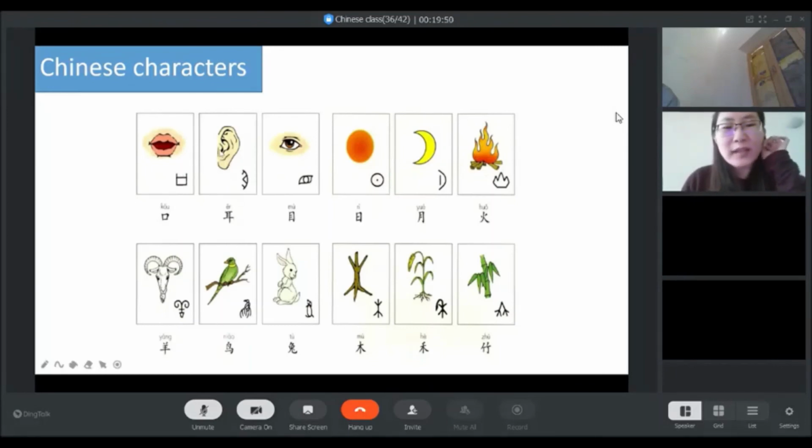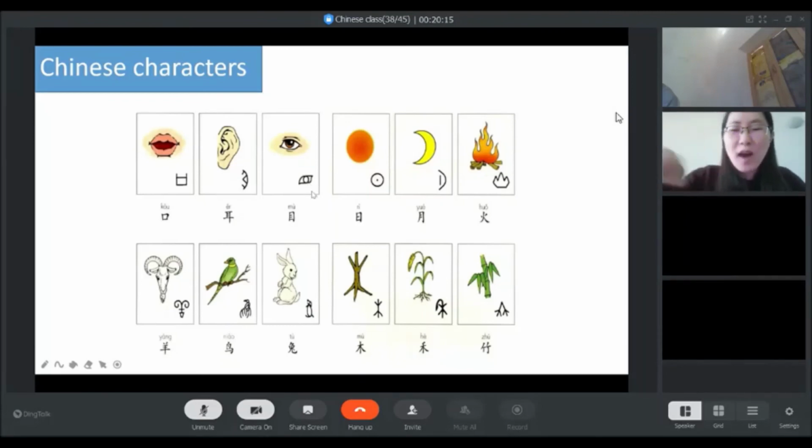So it also comes from a picture, ear. In ancient time, we wrote it like the picture. Then after thousands of years, it changed to be this word, ear. And also eyes. In the ancient time, when we wrote the Chinese character for eyes, we wrote like this.